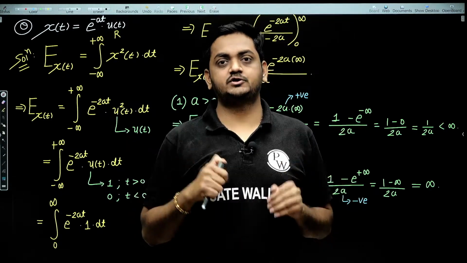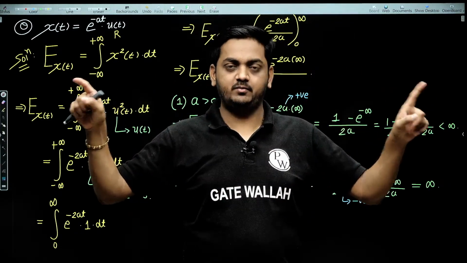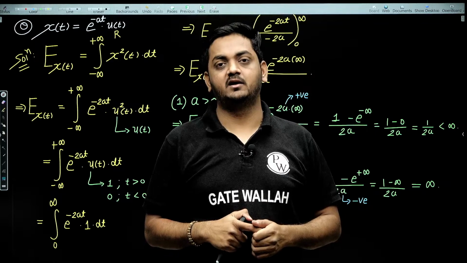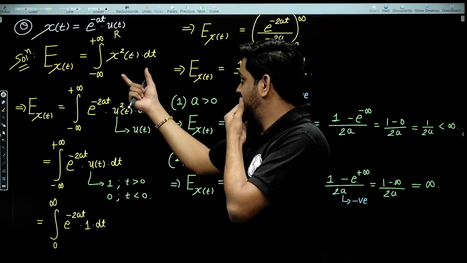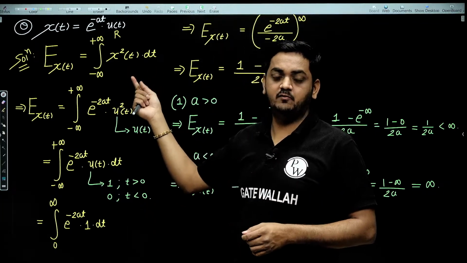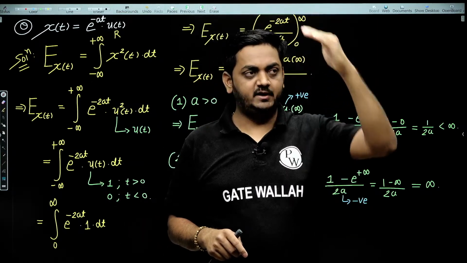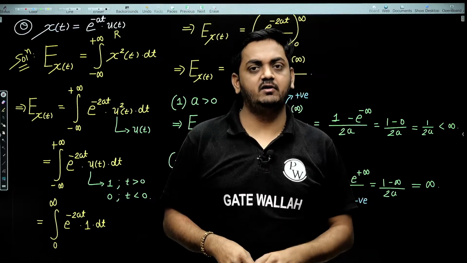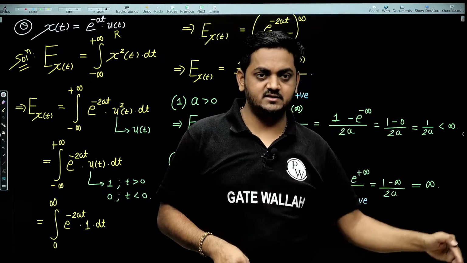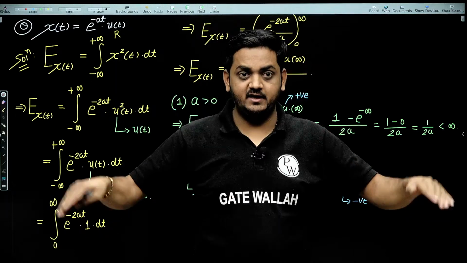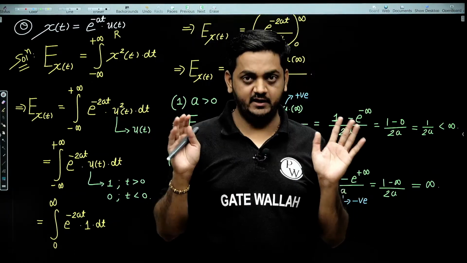Even if it is constant like u of t, the integration will be infinite. This integration value will be finite only when x of t is decreasing. It is simple logic: if it is a decreasing function, then the area will be finite, whether it is right-side decreasing, left-side decreasing, or both-side decreasing.